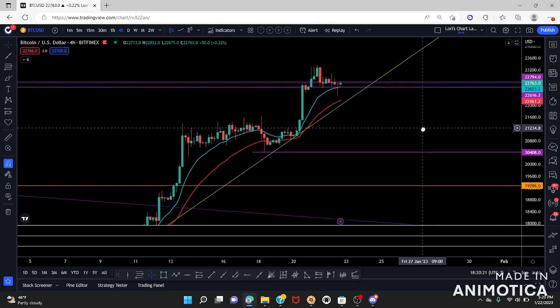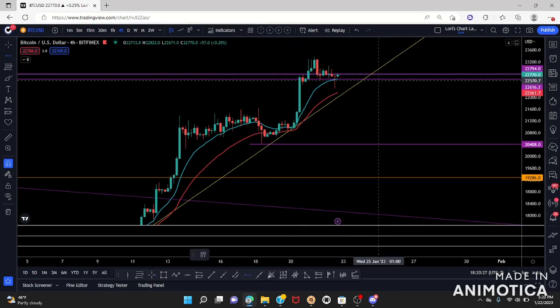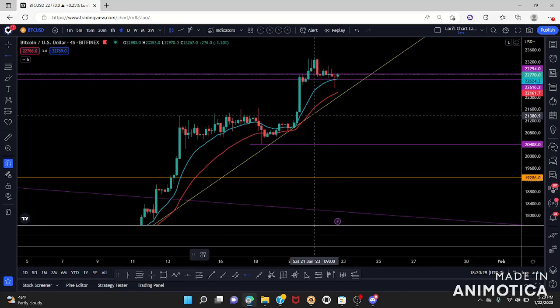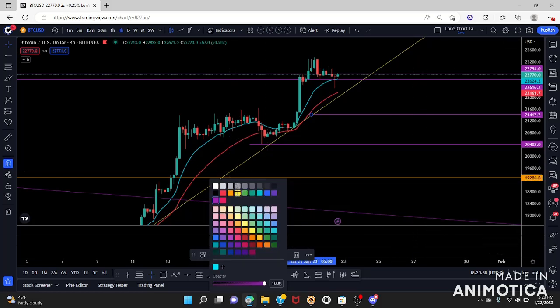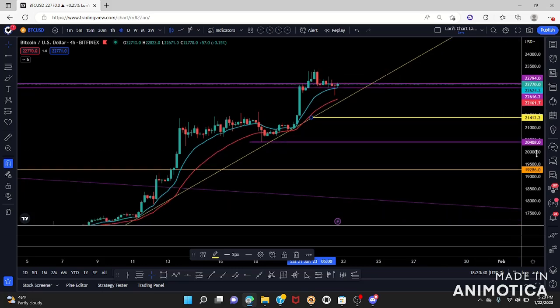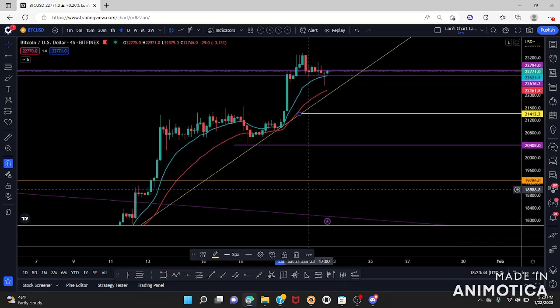So that's my 4-hour trend line. Within this 4-hour trend line, I'm going to set a target. If we break down to the downside and cross this 4-hour trend line, my first target based on a Joe target would be 21,412. And if you're having a hard time understanding your Joe target, you could definitely join our free Telegram.